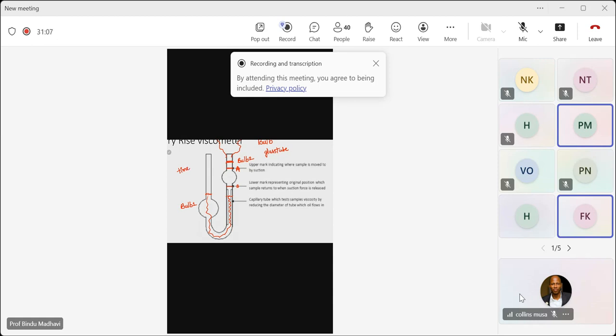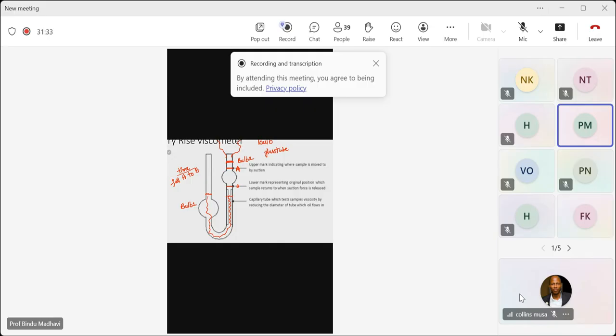Now we are going to measure the time taken by the liquid to fall from A to B.